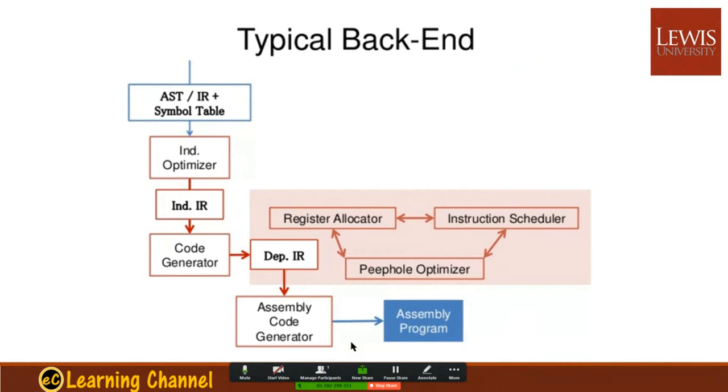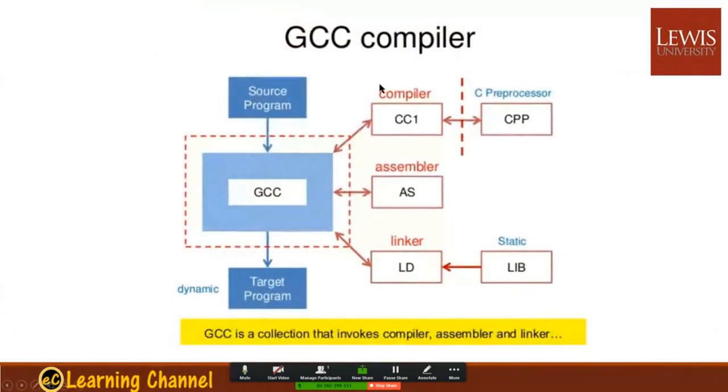And then we generate the assembly code, and finally the assembly code goes to the machine code. So this is the GNU Compiler Collection compiler. You have the C language or C++ language, and we pass it through a compiler.